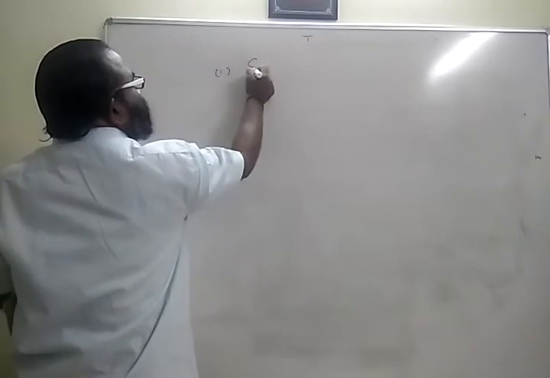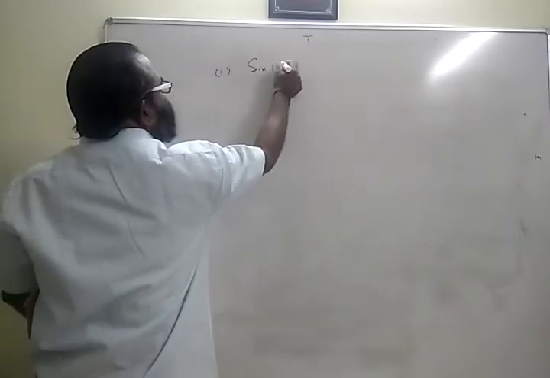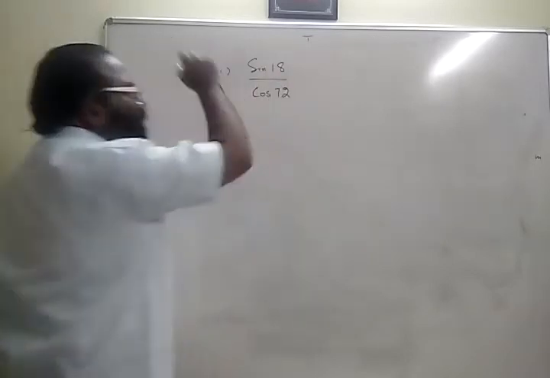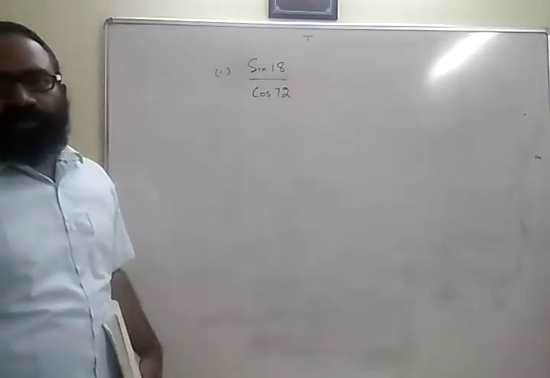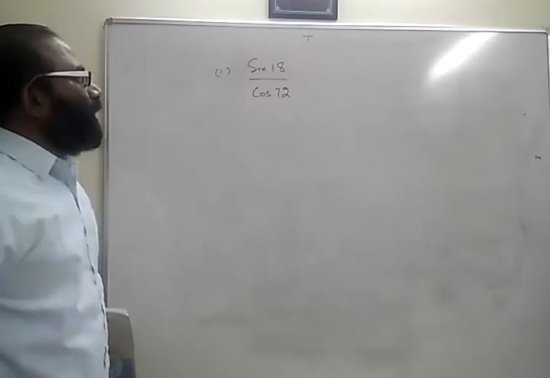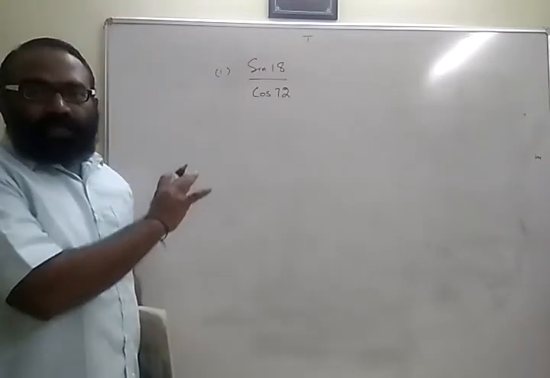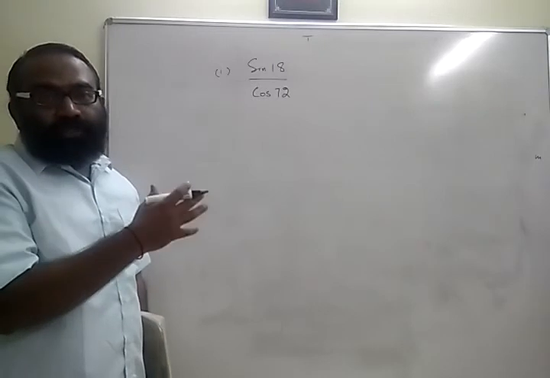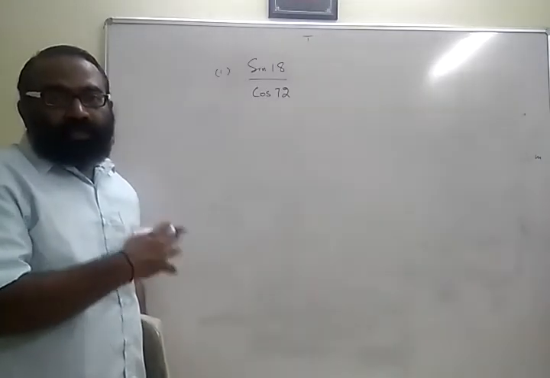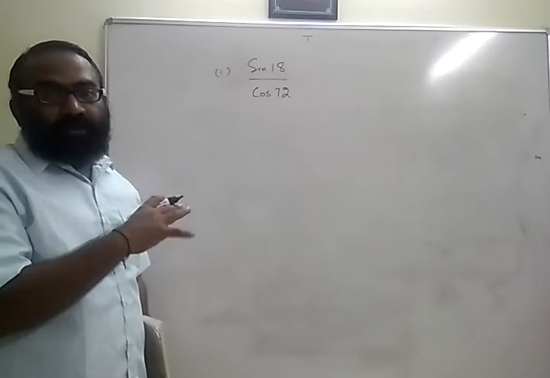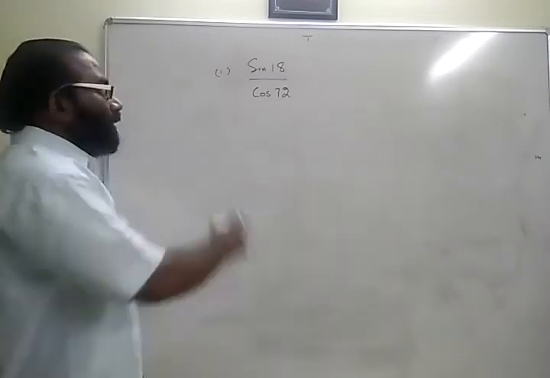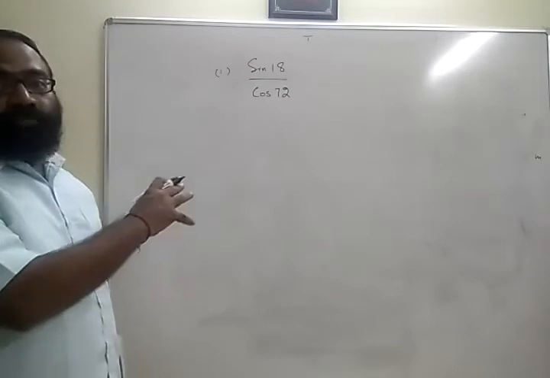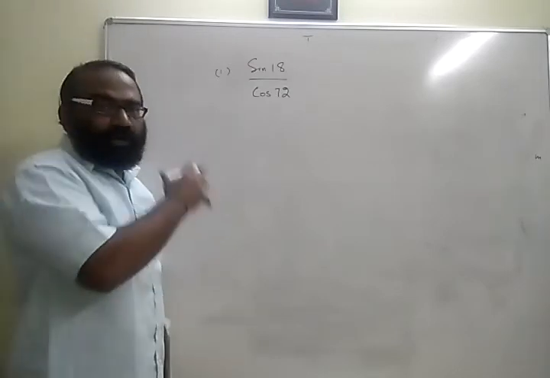First one, let me write sin 18 by cos 72. So when we see this problem, sin 18 by cos 72, we haven't studied what is sin 18, what is cos 72. We know sin 0, sin 30, sin 45, sin 60 and sin 90. We have studied the standard angles, but this is not known. So how do we solve this? That is when we should think about the complementary angles.